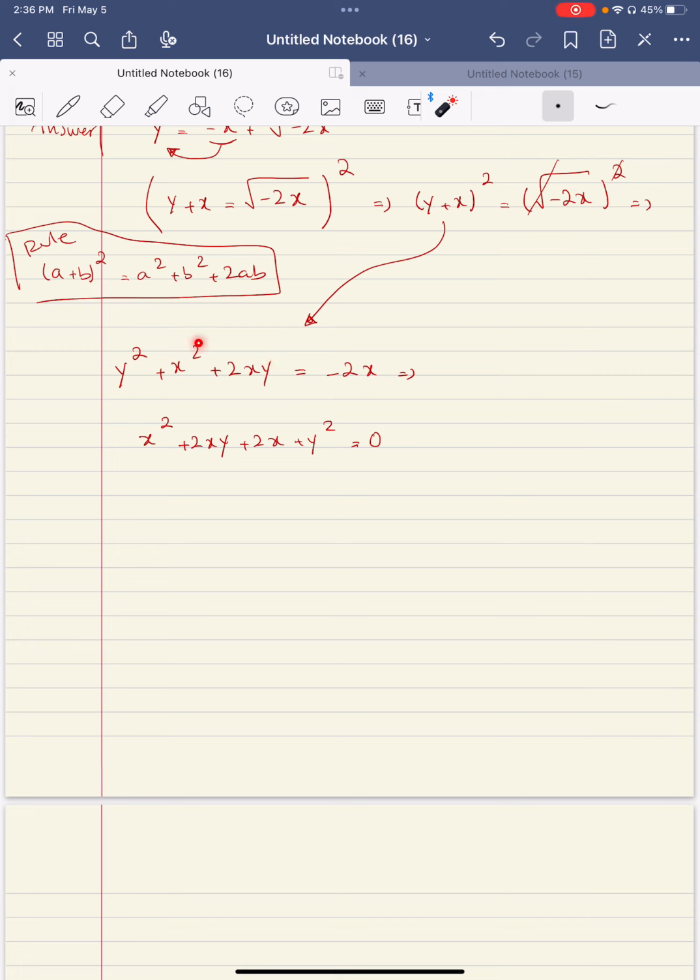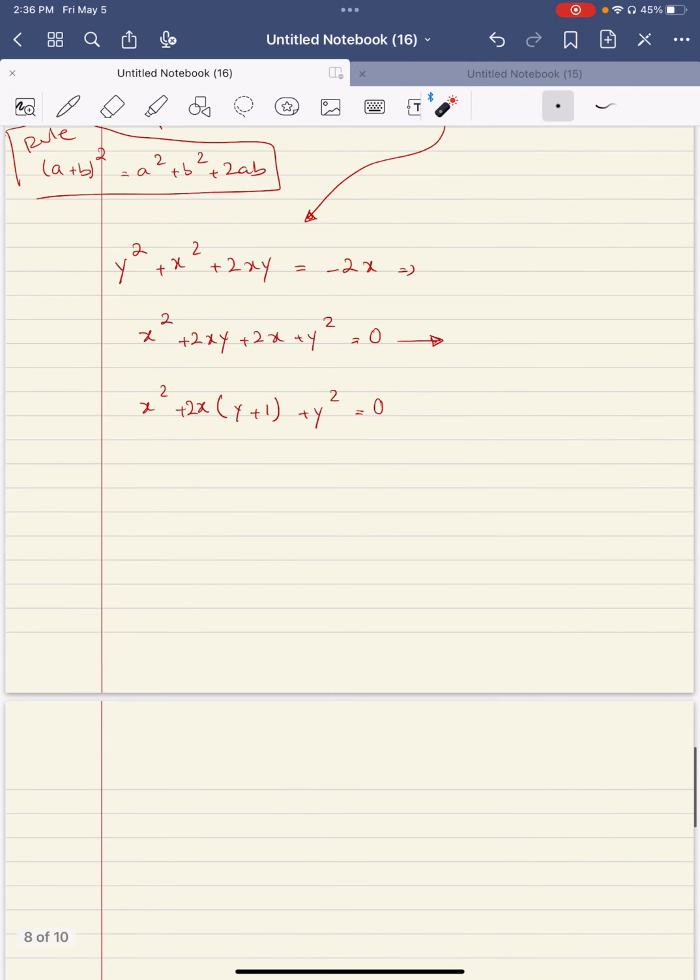So I have x to the power of 2 plus 2xy plus 2x plus y to the power of 2, so x to the power of 2 plus 2x times y plus 1 plus y to the power of 2 equals 0. Right? So 2xy plus 2x can be written as 2x times y plus 1.